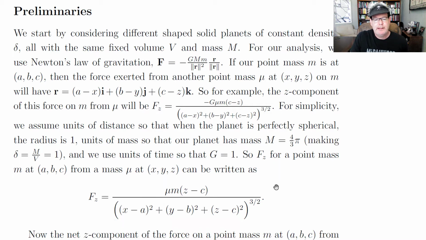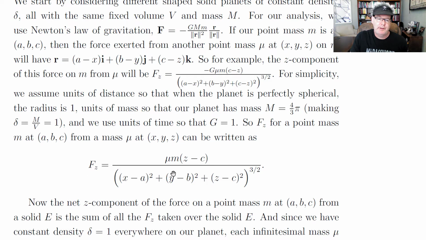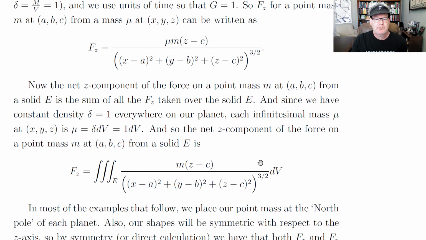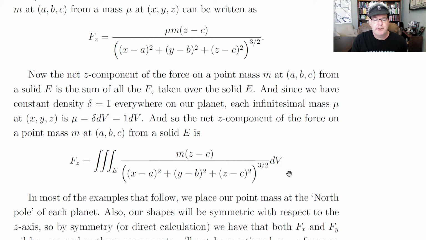And so we get a similar formula, but we could have the point mass anywhere in 3 space. Mu is basically the density times dV for the amount of mass m somewhere in 3 space. So we get a similar triple integral. Again, for us, the point mass is at the origin.